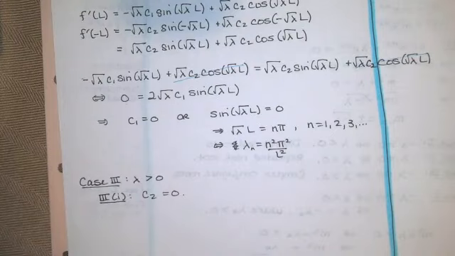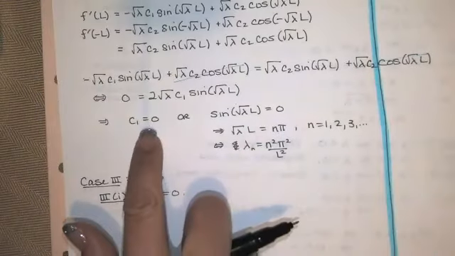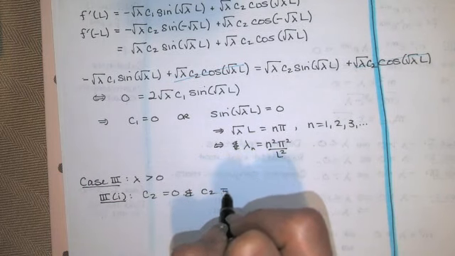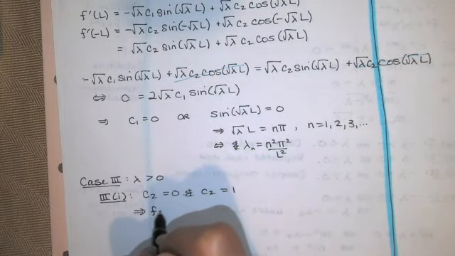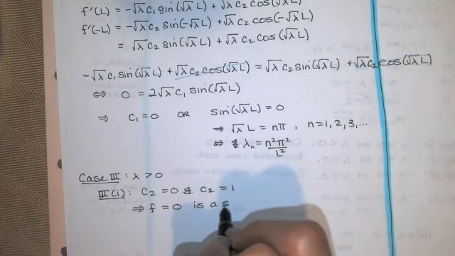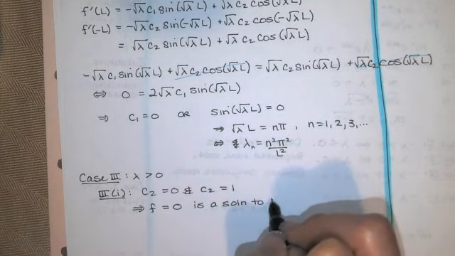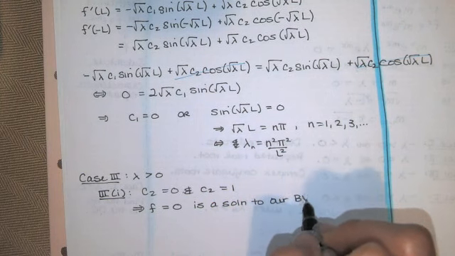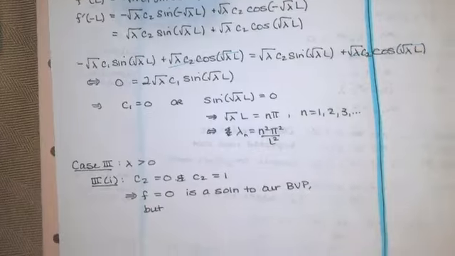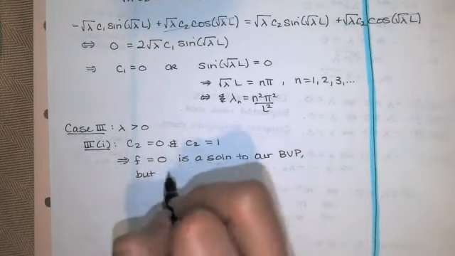I could have C2 equals 0 and C1 equals 0. In that case, the solution to the boundary value problem would be F equals 0. But F equals 0 is not a solution that we're looking for. We're looking for eigenfunctions.